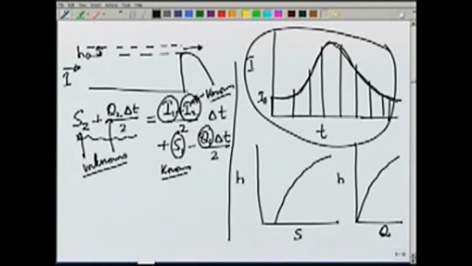The inflow hydrograph is completely known, therefore I2 will also be known to us. The problem now is that S2 and Q2 both are functions of H, so we cannot directly solve for these in an analytical form. There are some graphical methods available for solving this equation.